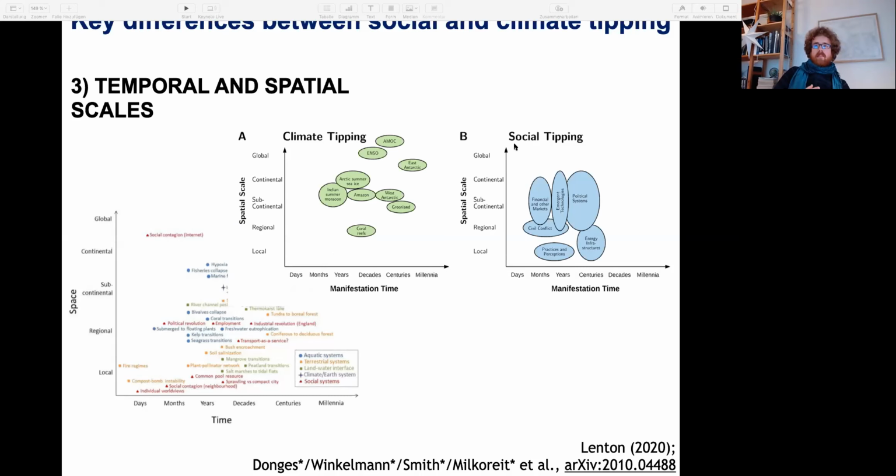And it also seems like the climate tipping elements are more localized in space, while the social tipping elements are more spread out, sometimes quite ephemeral. For example, political systems and technologies, ranging over quite a spread of scales. And this is also an important thing to look at when describing these processes, how to deal with these scales.